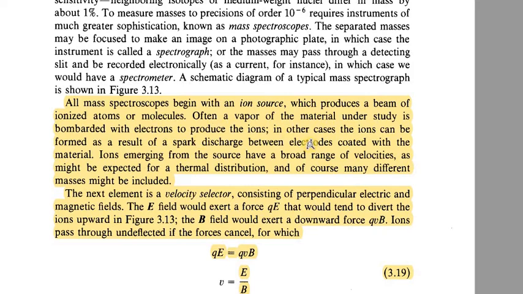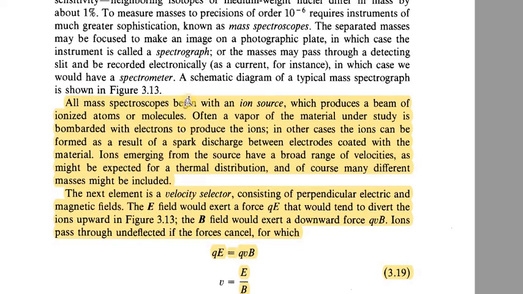In other cases, the ions can be formed as a result of a spark discharge between electrodes coated with the material. Ions emerging from the source have a broad range of velocities, as might be expected for a thermal distribution, and of course many different masses might be included.